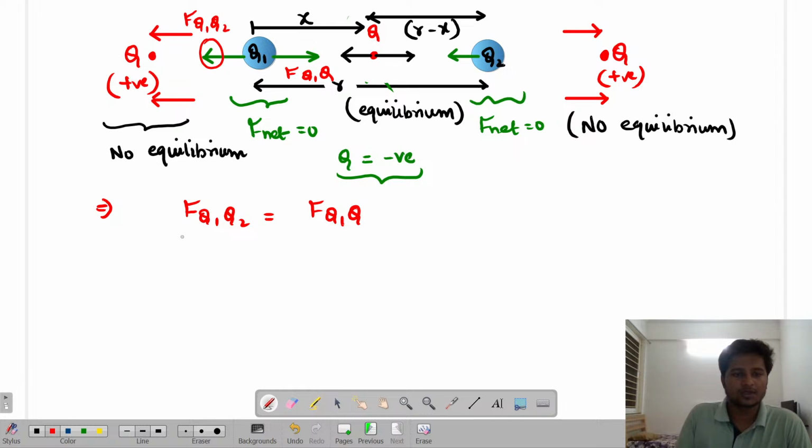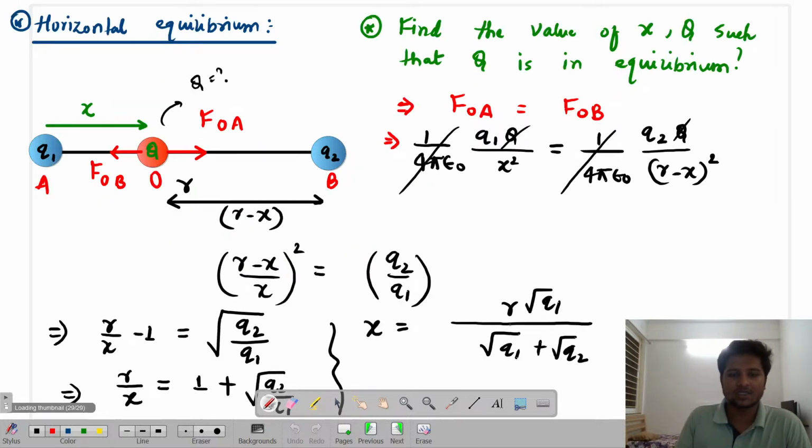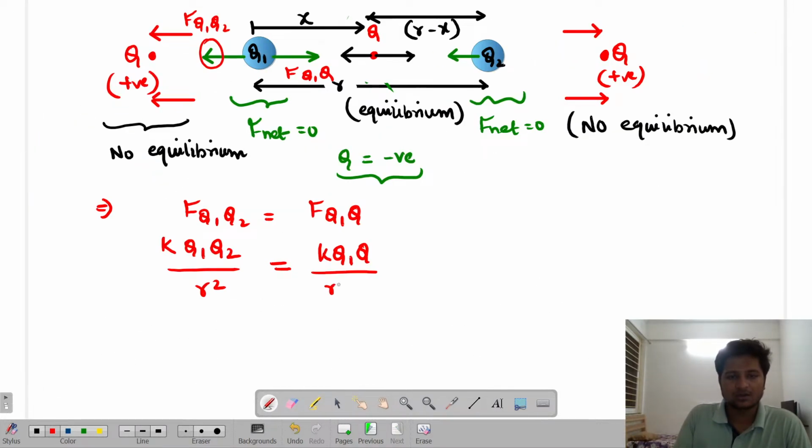So force on Q1 by Q2 is what? K Q1 Q2 divided by R square, that is exactly equal to force on Q1 by Q, K Q1 into capital Q divided by X square, and you know the relation of X was R square Q1 into a square root of... Okay, so basically people do not give Q1 and Q2, but I am writing the general equation.